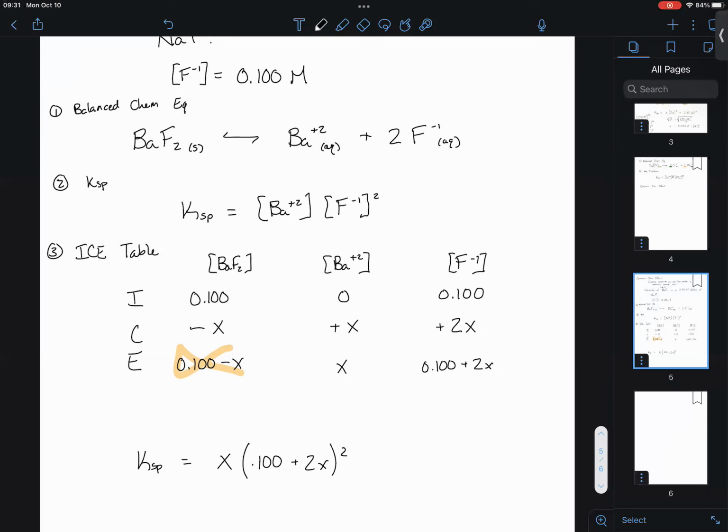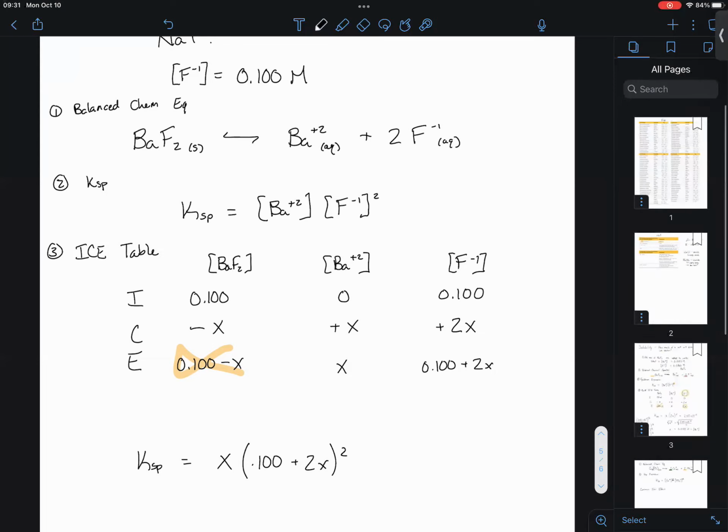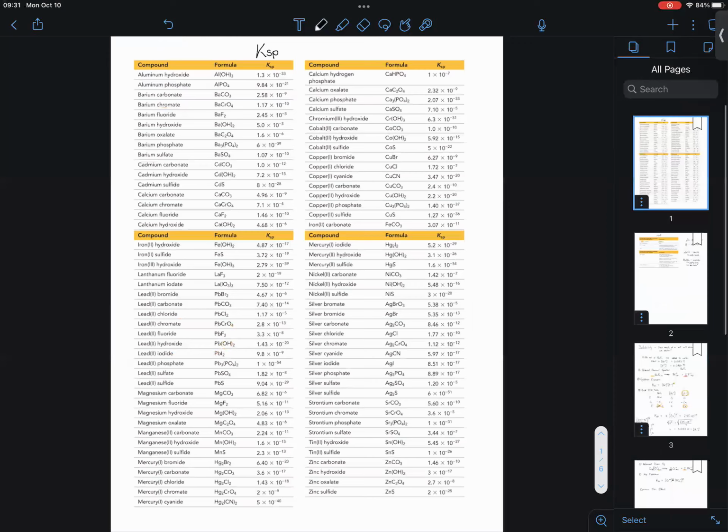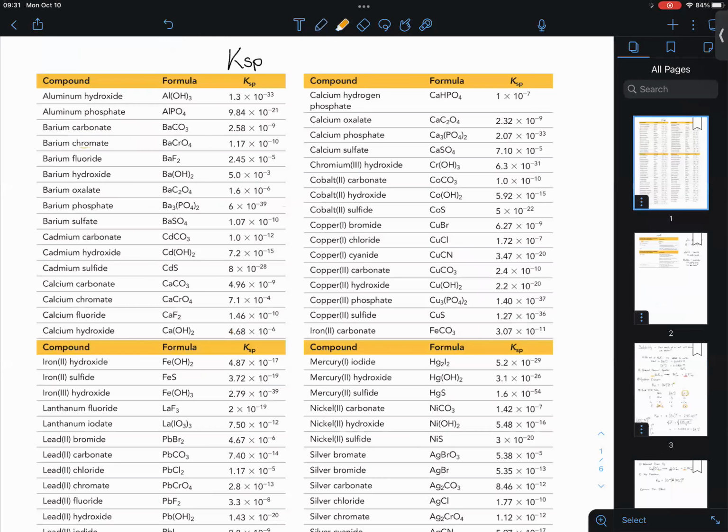And this is equal to that Ksp, which I can look up for barium fluoride. We already looked this one up: 2.45 times 10 to the negative 5. That's our Ksp for barium fluoride.